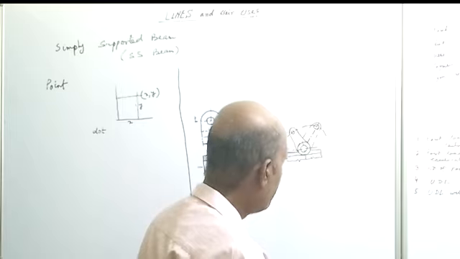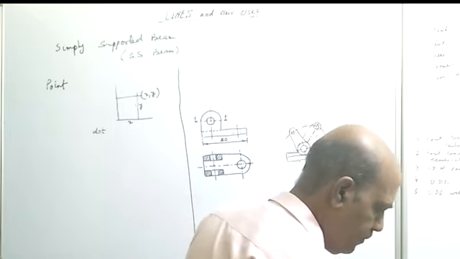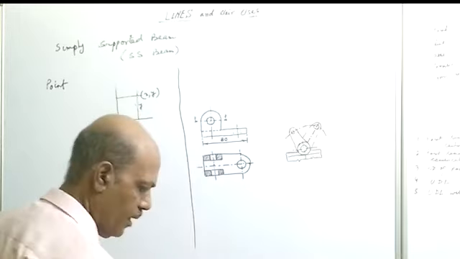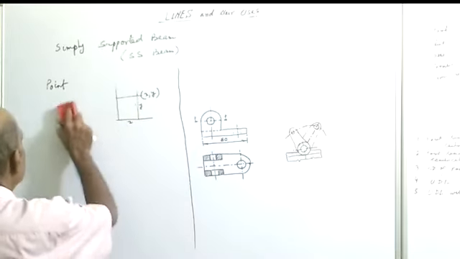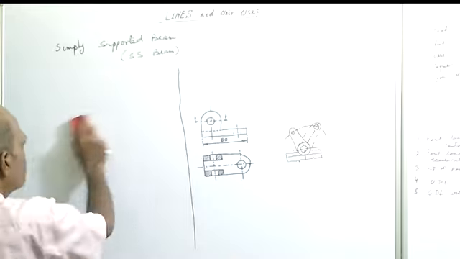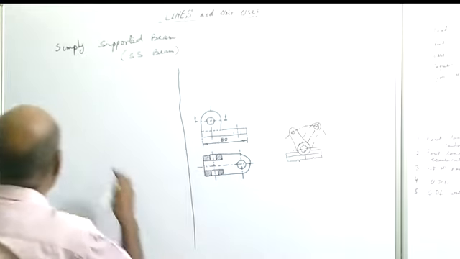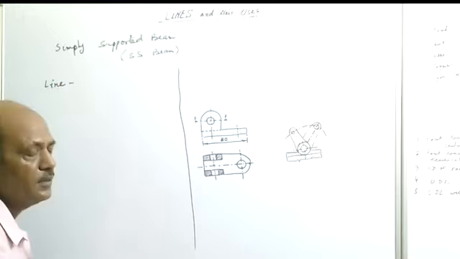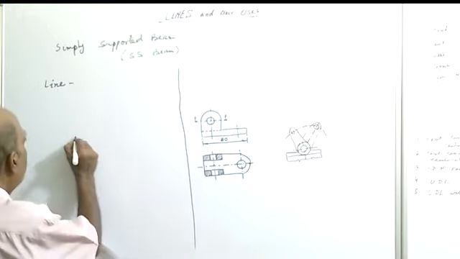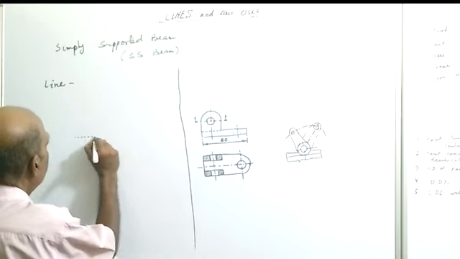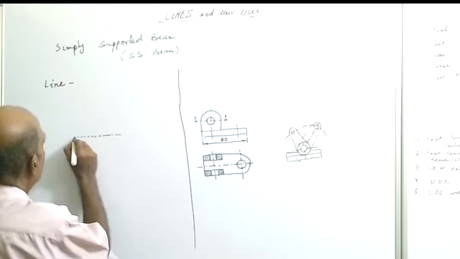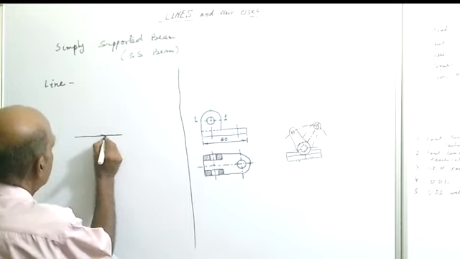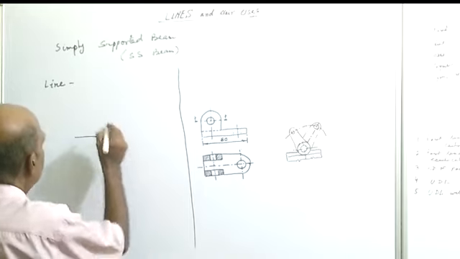Okay, now next is the line. What is a line and a straight line? We will see. A line is defined as a point moving in a particular direction. If we join all the points, it will give a line.